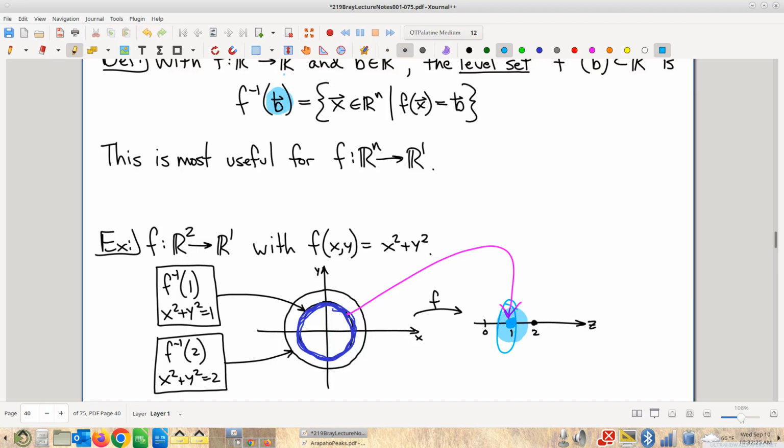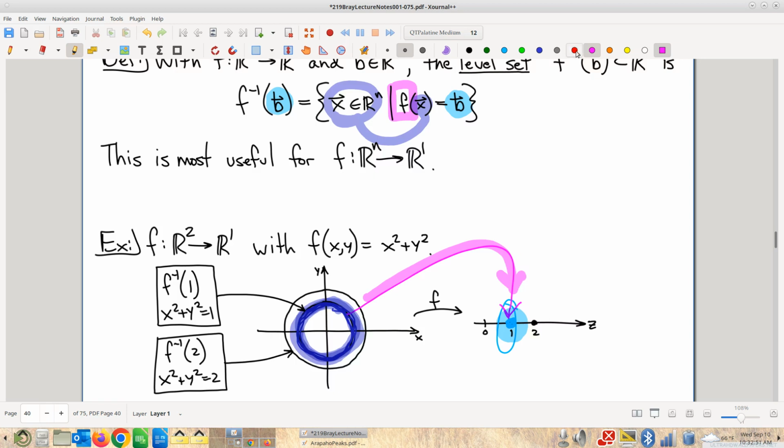And notice we're just going to take that b and look for what are the points in the xy plane, what are the points in the domain that when you plug them into your function f give you that chosen value b. So anyway, that's all this notation up here means.